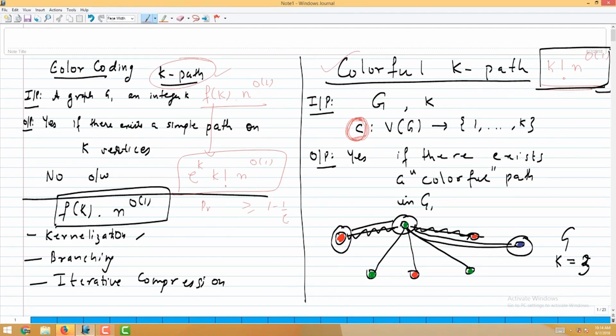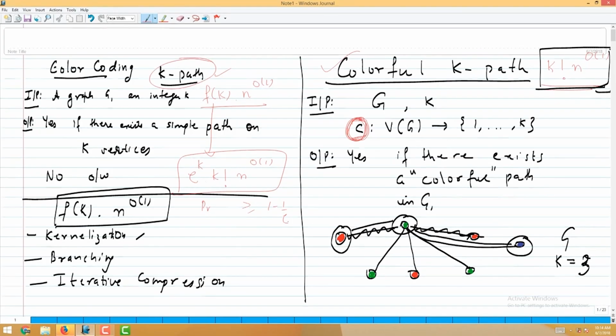In the general setting, what is the color coding technique? Suppose you want to find some structure in the graph. Here we wanted to find a k path. Suppose you wanted to find a k cycle, or a particular tree on k vertices. Some k size structure is what you want to find.